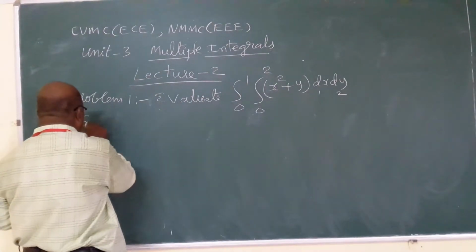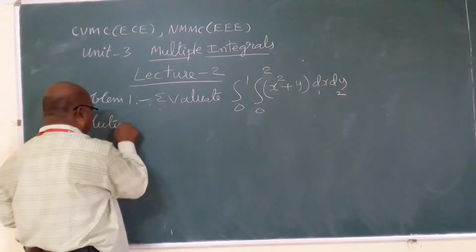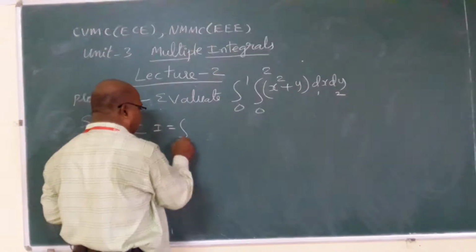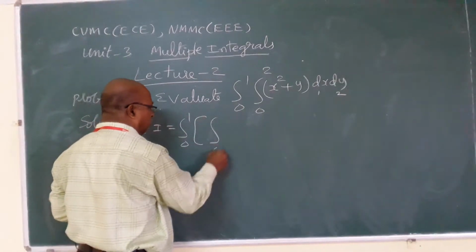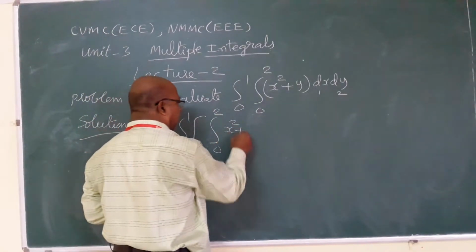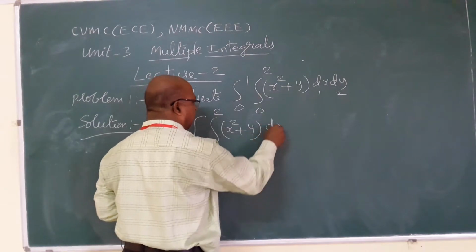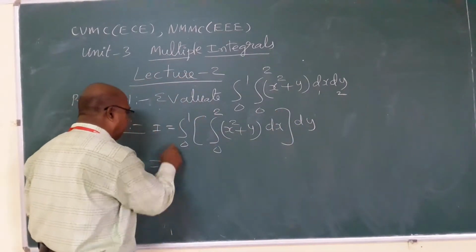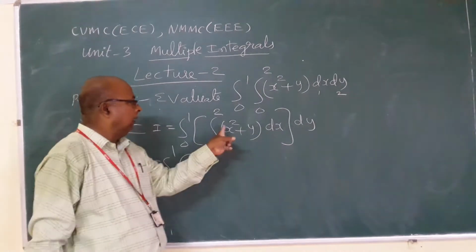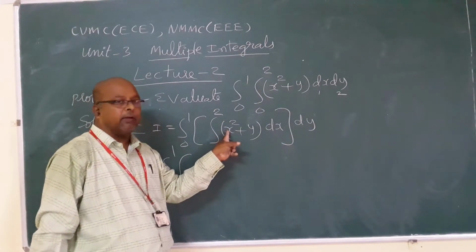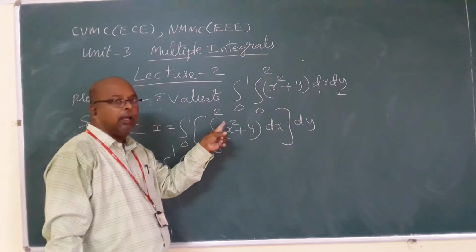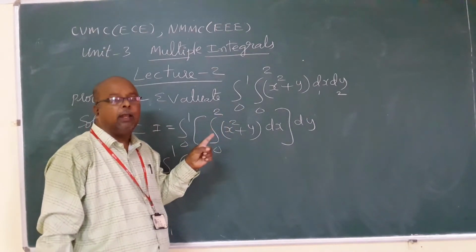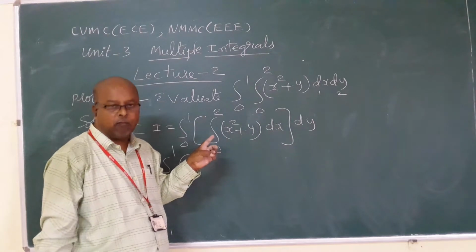So the solution is equal to the integral 0 to 1, 0 to 2, x square plus y, dx dy. Integrating x square with respect to x: the integral of x power n is x power n plus 1 by n plus 1.